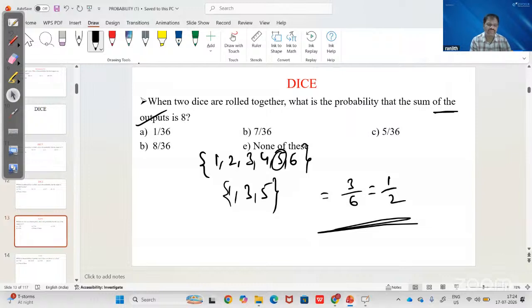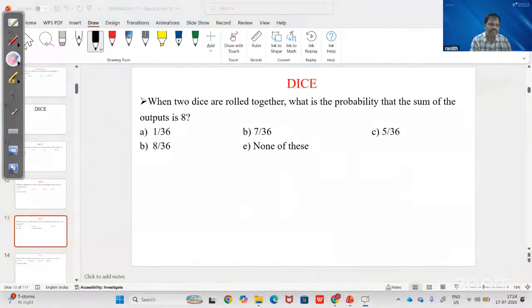Next. When two dice are rolled, what is the probability that the sum of the output is 6? When two dice are rolled, what are the possible cases we are having? Sum equal to 2, sum equal to 12.